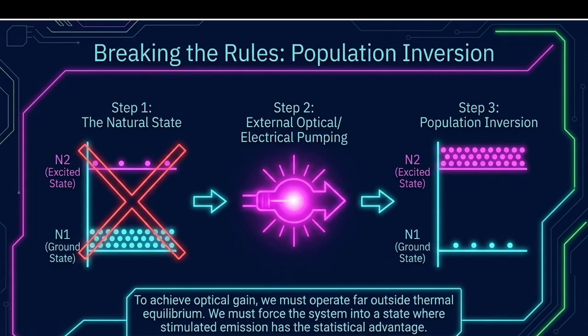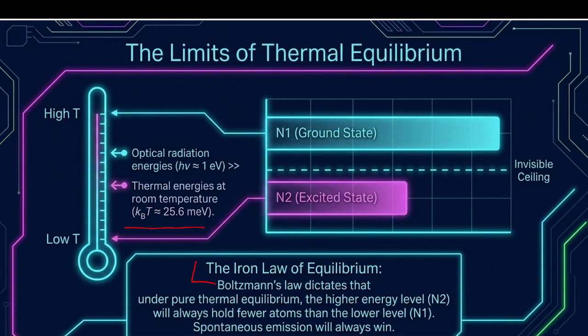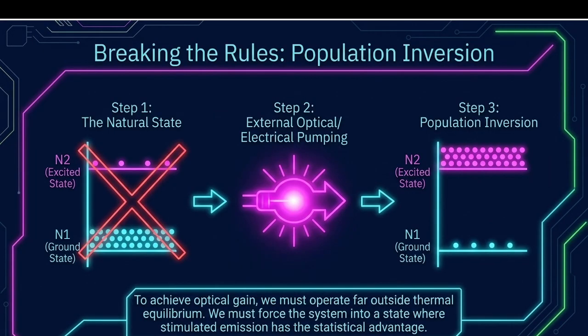Now, breaking the rule. Usually, the number of atoms in the ground state, N1, will be higher compared to the atoms at the excited state, N2, even at higher temperature.